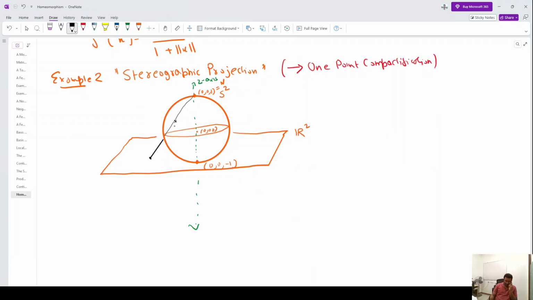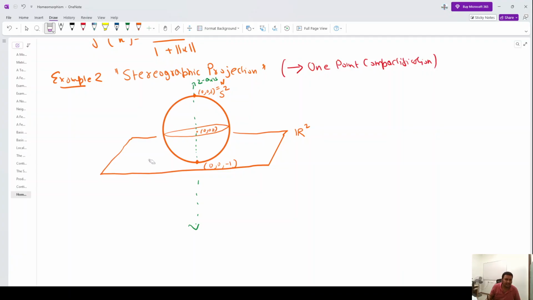This is the point on the sphere, S2. So when I pass the ray like this, it will cut a unique point here on R2.